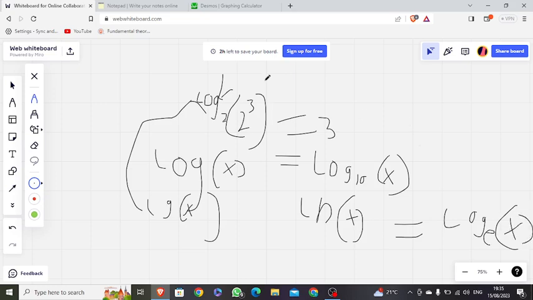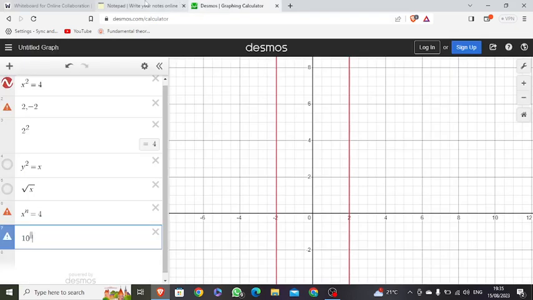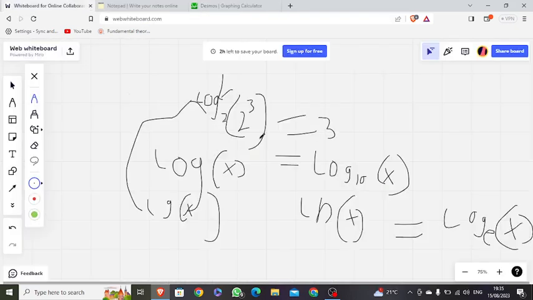So basically what you can do with a log, let's take a formula.